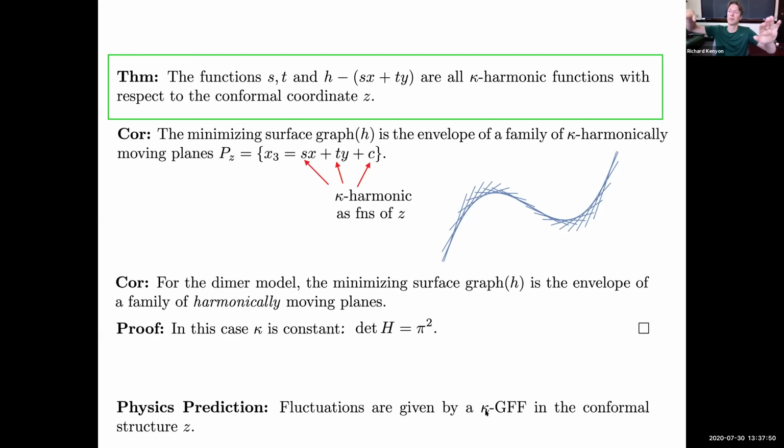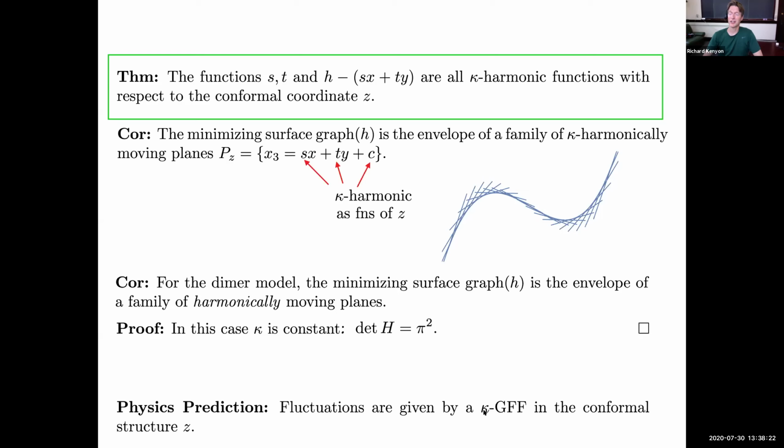But if you have a domain with non-flat boundary conditions, then the z value is going to vary over the domain, and therefore you are not going to see a Gaussian free field. You're going to see a kappa Gaussian free field, which is the appropriate Gaussian object for the kappa harmonic Green's function.